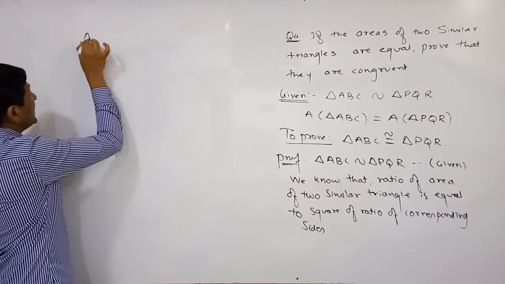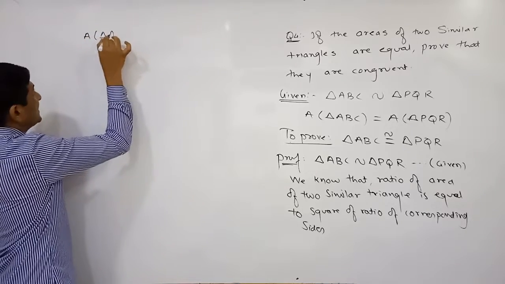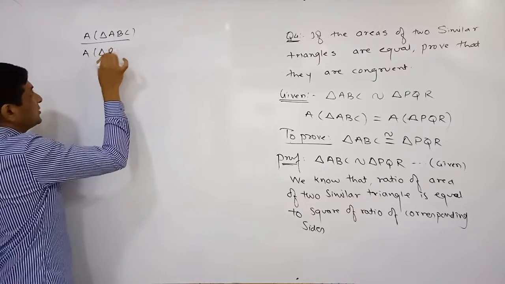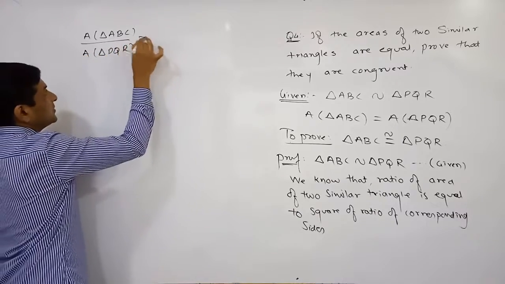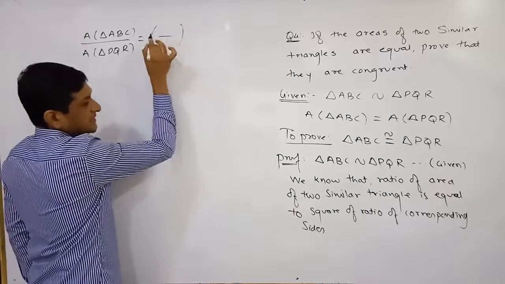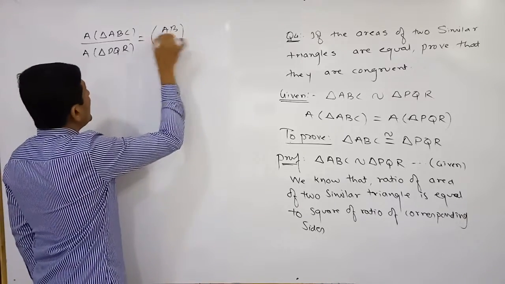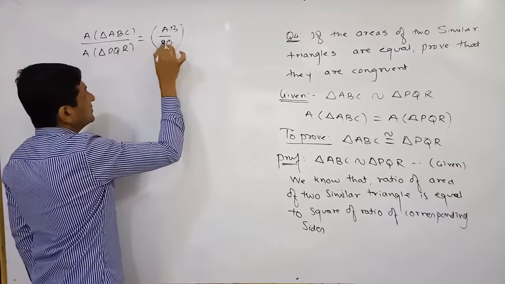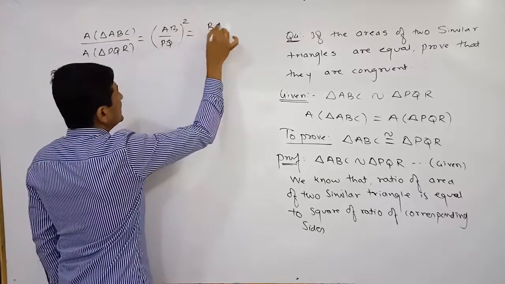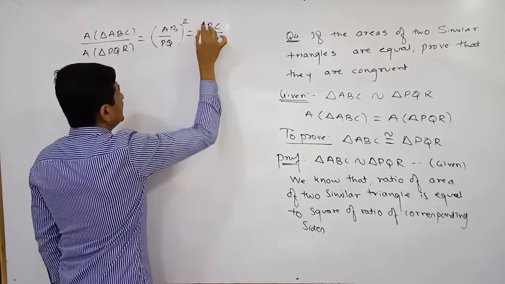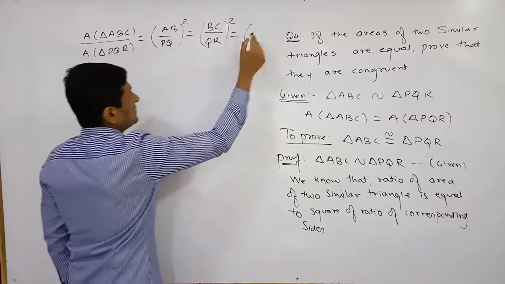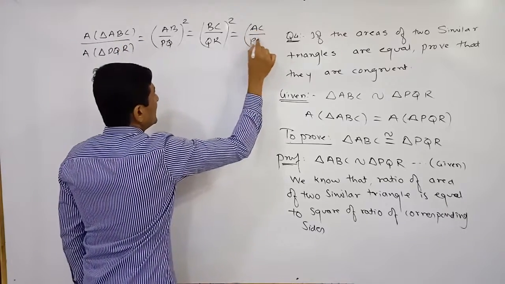Already it is given to us that these two triangles are similar. That's why we can say that the ratio of the area of triangle ABC and triangle PQR is equal to the ratio of corresponding sides squared: AB upon PQ, is equal to BC upon QR, is equal to AC upon PR.